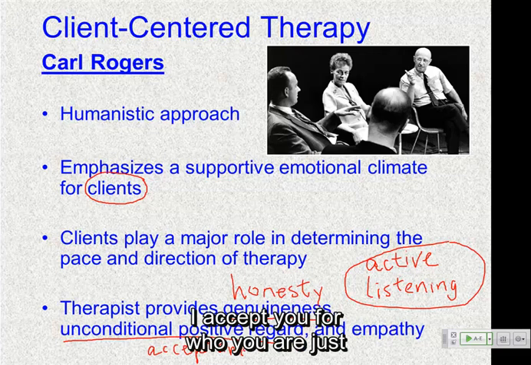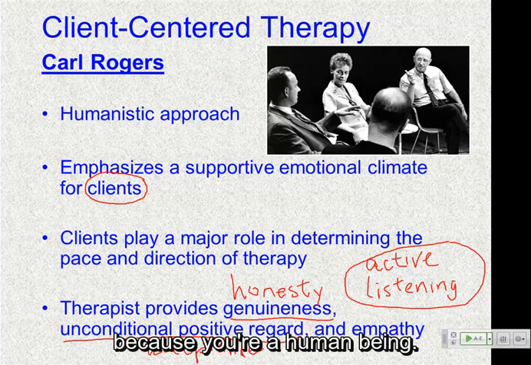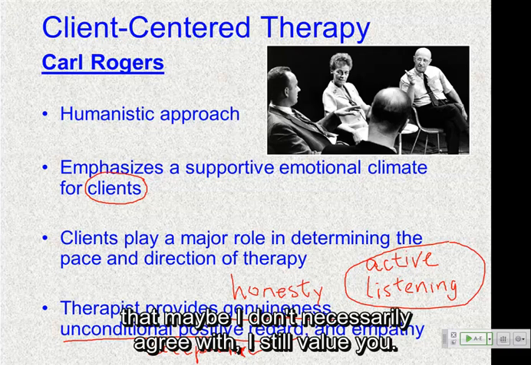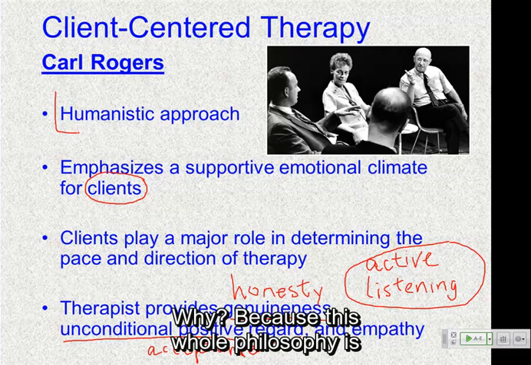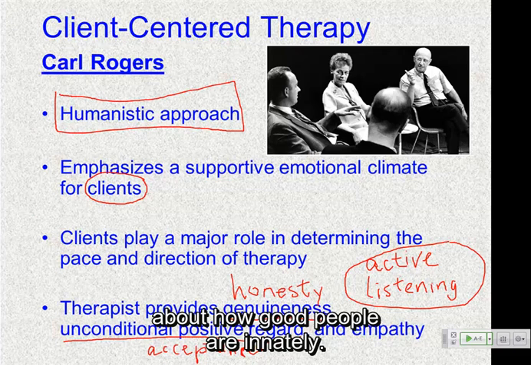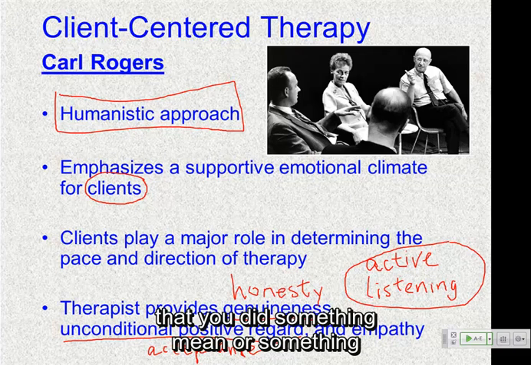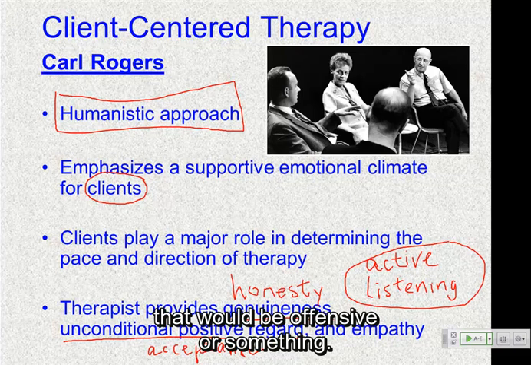I accept you for who you are just because you're a human being. Even if you say or do things that I don't necessarily agree with, I still value you. Why? Because this whole philosophy is about how good people are innately. So we're going to accept you even if you say that you did something mean, or something offensive.